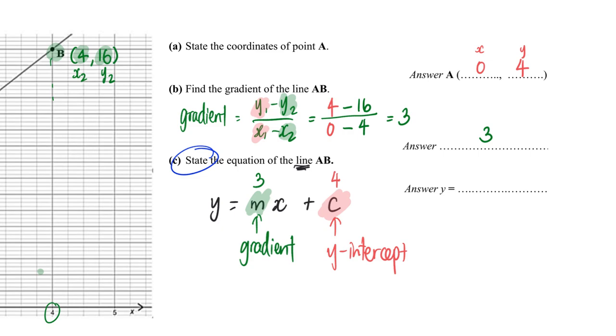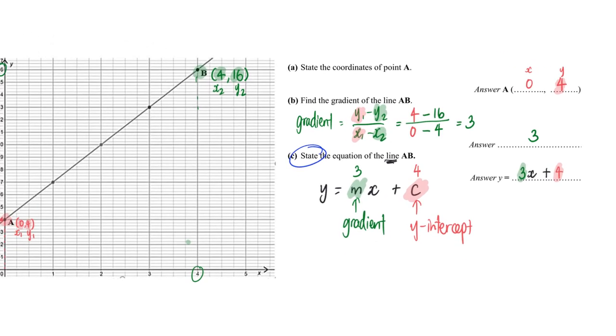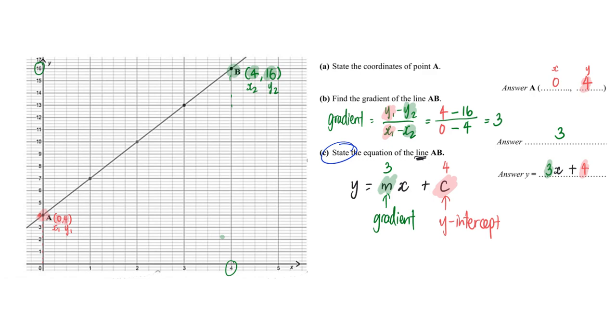This is the point where we actually cut the y-axis, 4. So this particular question, we only require you to write down 3x plus 4, since 4 is positive. And that's the answer. That is the equation of the line AB, where we have successfully found the gradient and the y-intercept. And that concludes this particular question.